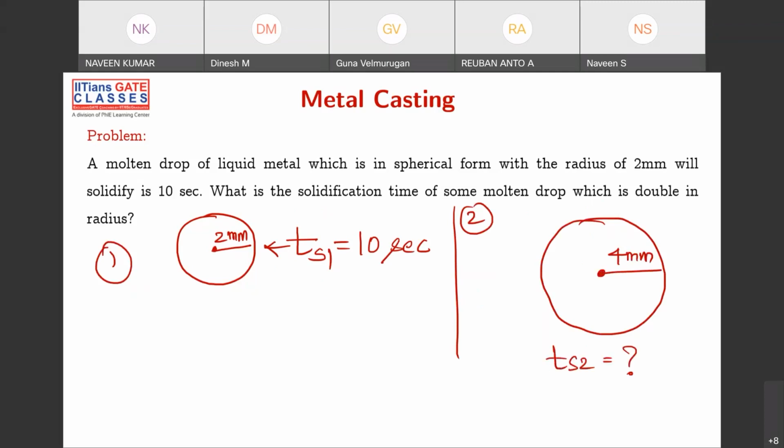Okay. Anyone who will do this? Can try this? Anyone? Can anyone answer this question? We have already seen the formula, that is Ts is equal to K into V by SA whole square.